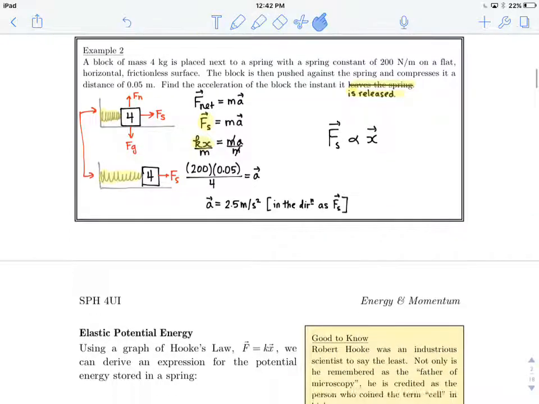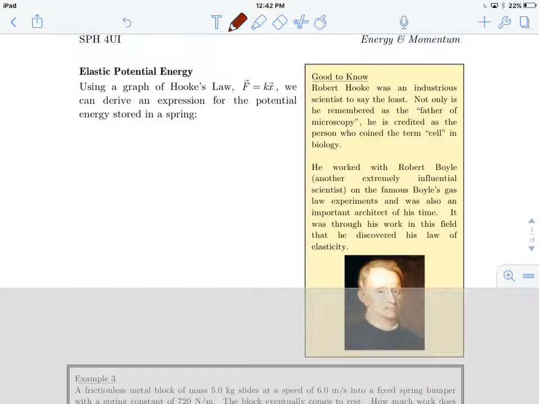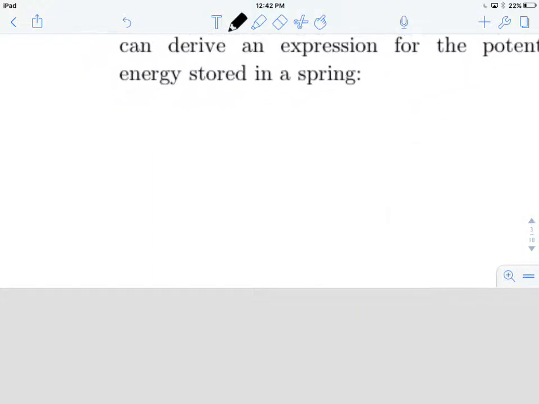Moving along, we come to really not just talking about a spring force, but talking about elastic potential energy, because this unit is on energy. So let's talk about elastic potential energy and what we get. There's a really nice way to arrive at this, and it involves creating a graph.